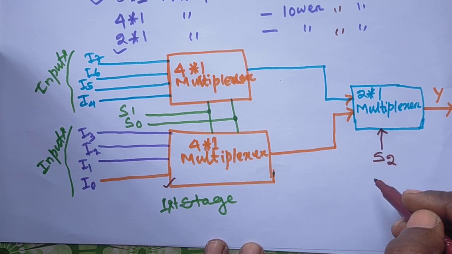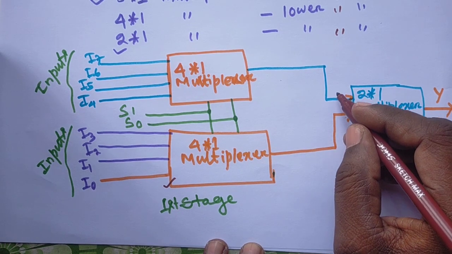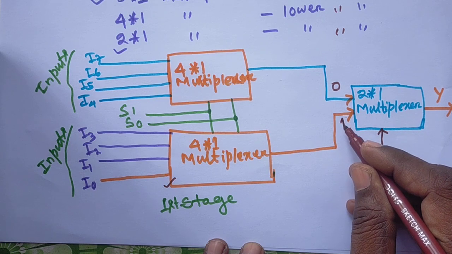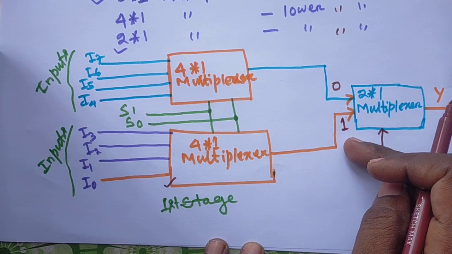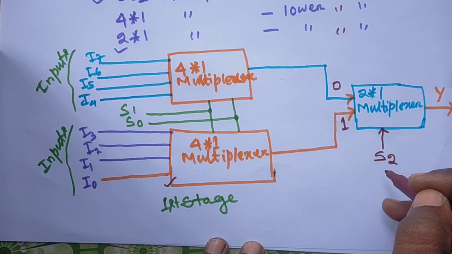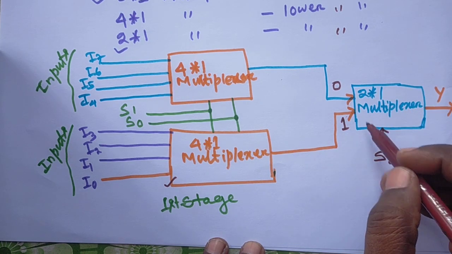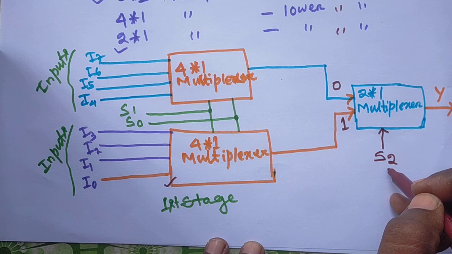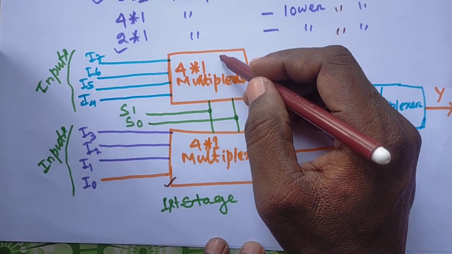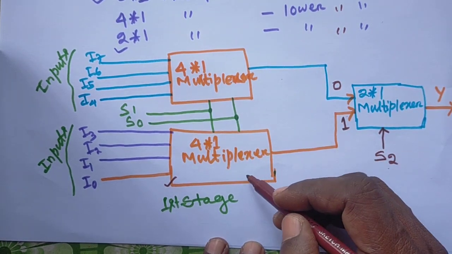Understanding point: suppose S2 is 0, for example this is 0, so obviously the other will be 1. There is no problem. If we consider S2 is 0, that means 0 is inactive. So which one is active? This one is active.